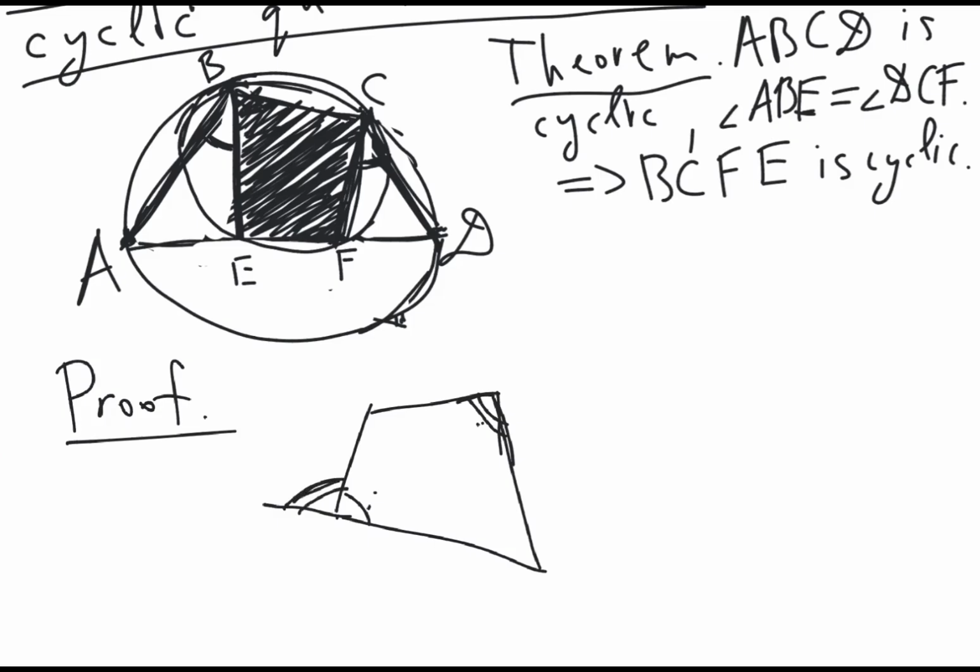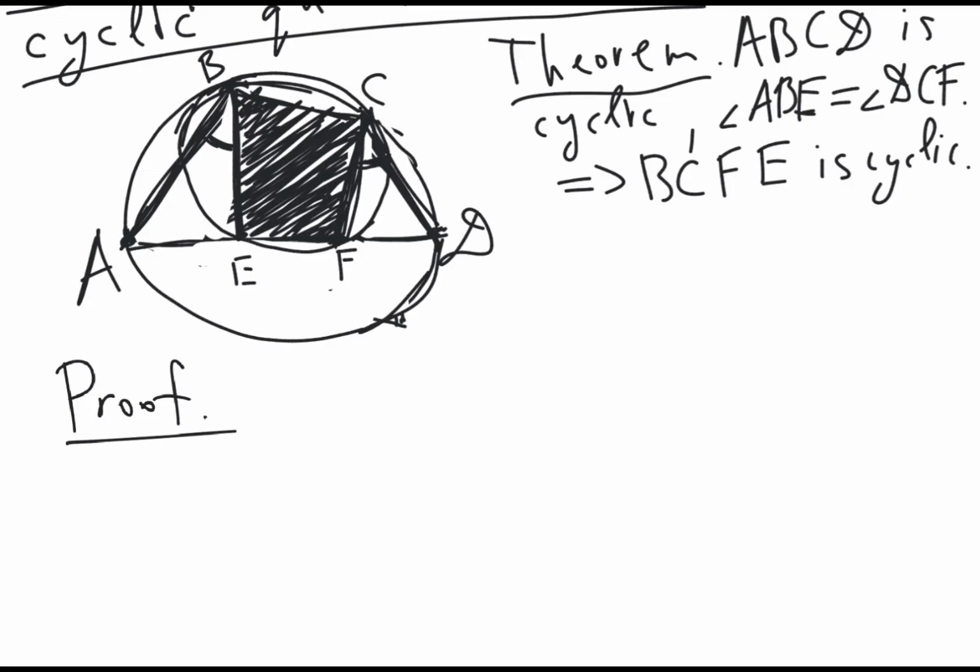So if this angle is equal to this angle, then the quadrilateral is cyclic. We are going to apply this for the original cyclic quadrilateral and to prove that the new quadrilateral is cyclic.